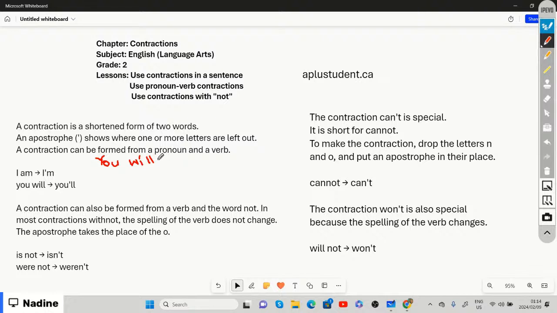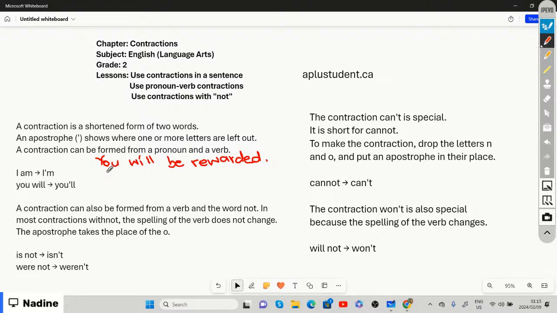Let's think of a sentence with you will. Let's say, you will be rewarded. So you will be rewarded.